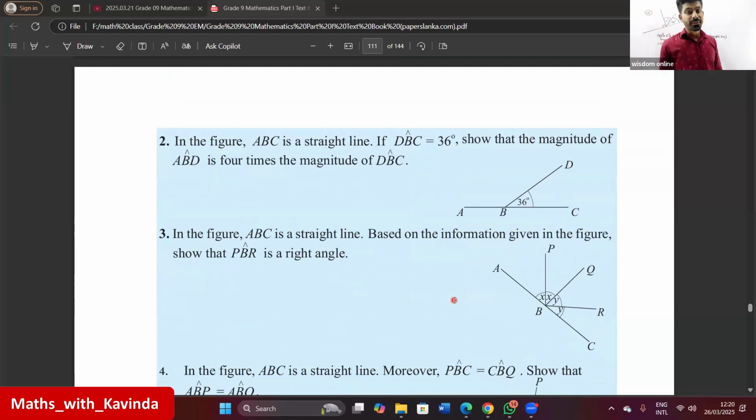So, second question. In the figure, ABC is a straight line. DBC is 36. Show that the magnitude of ABD is 4 times DBC.